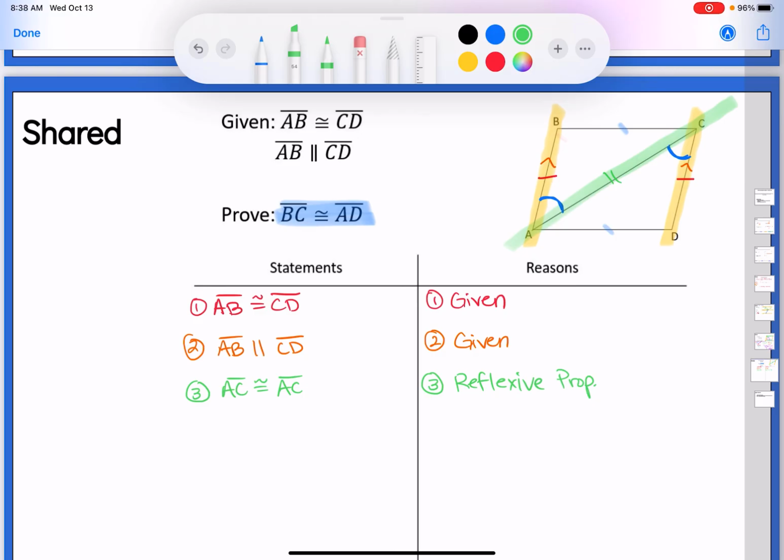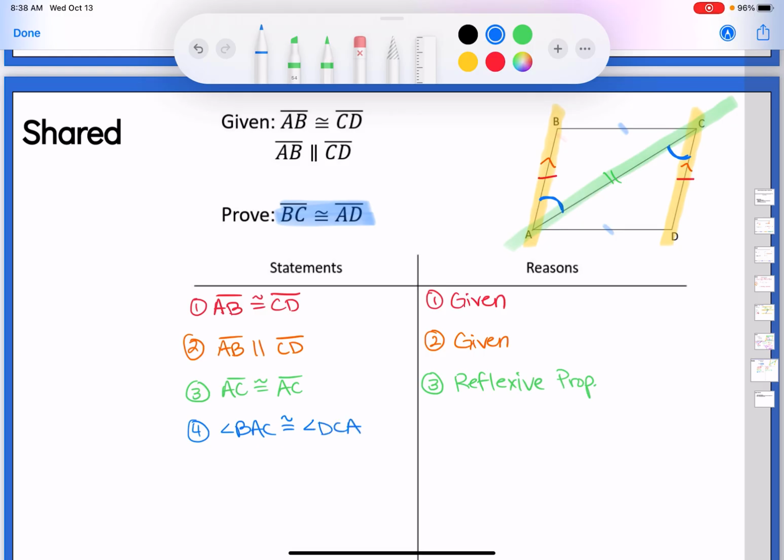Yellow lines are parallel, green line is the transversal. What type of angles are those blue angles? Alternate interior, right? And since I already know the lines are parallel, then I can say that those angles are congruent. So my next step will say angle BAC is congruent to angle DCA.